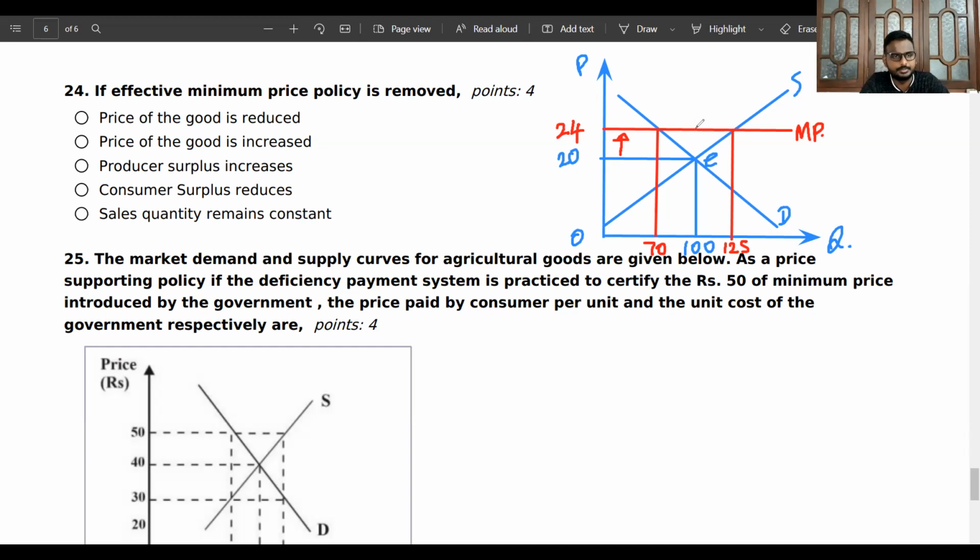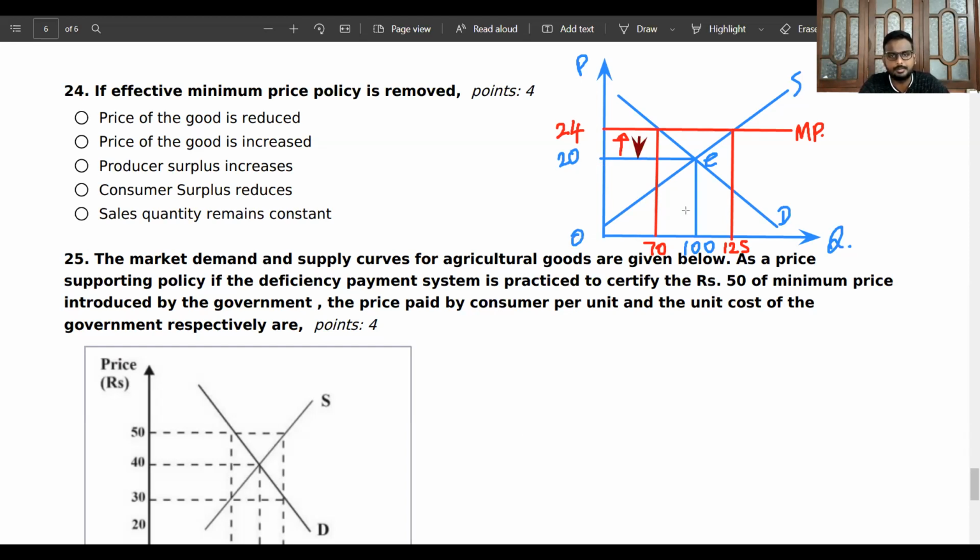If that minimum price of 24 is removed, what will happen? The price will now come back to 20.